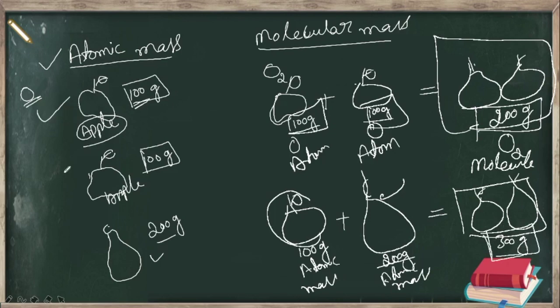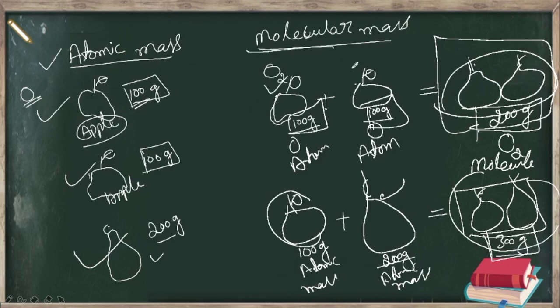What is atomic mass and what is molecular mass? An atom is the simple and fundamental constituent, whereas a molecule is the combination of two or more elements, either the same elements or different elements. So this is the difference between atomic mass and molecular mass.